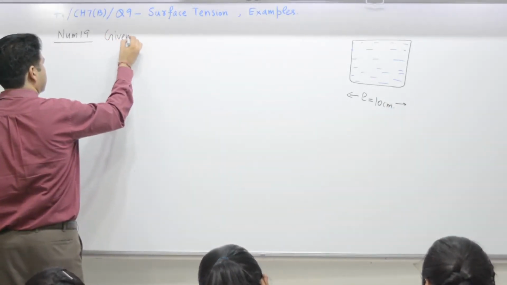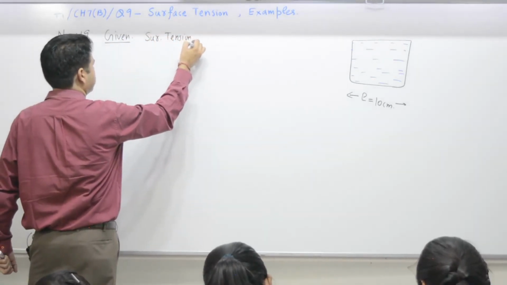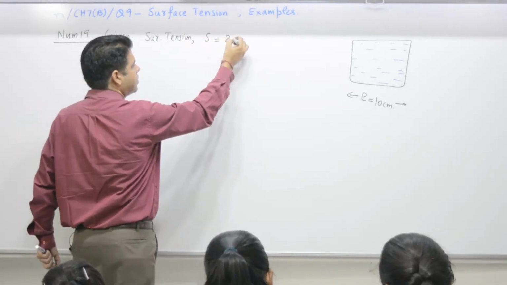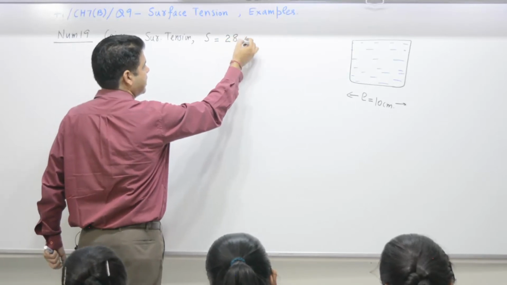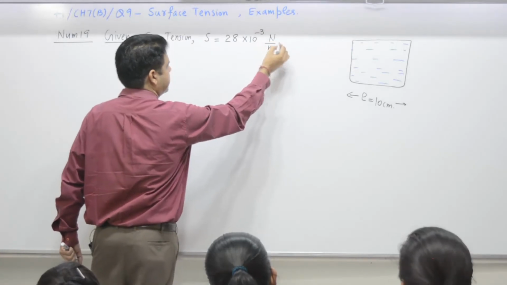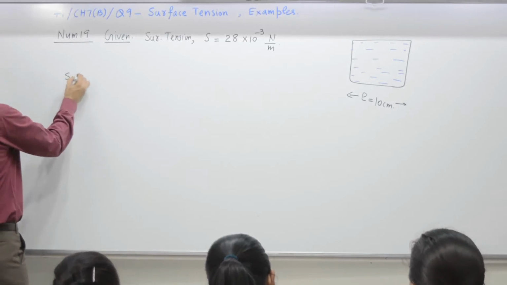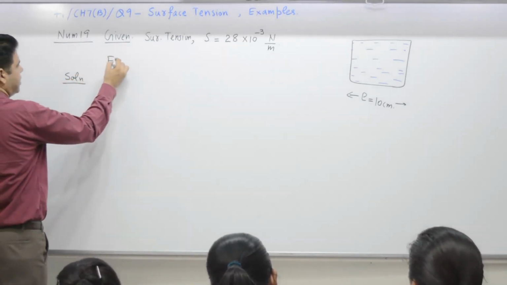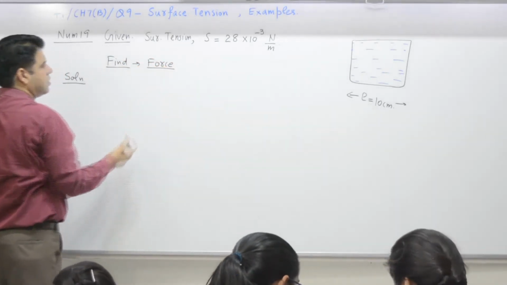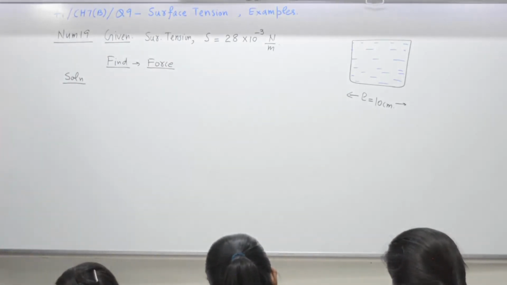Given is surface tension, which is force per unit length, S is equal to 28 into 10 raised to power minus 3 Newton per meter. This is given, wire frame is given. You have to find out what? Force. Surface tension is force per unit length. You have to find out force. Try.